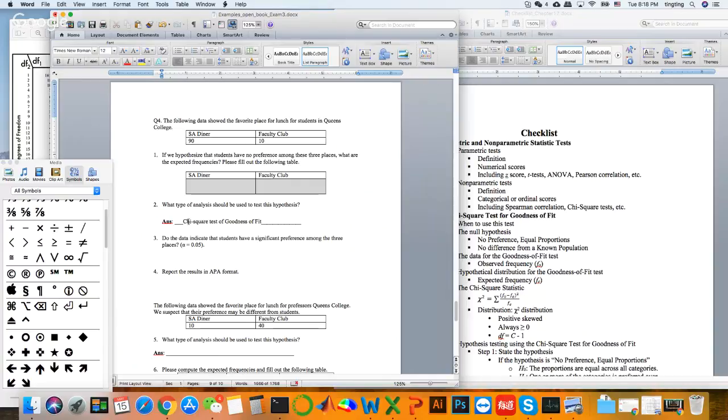You have to write chi-square test of goodness of fit, the full term. So here we talk about the predicted frequency, right? You can find it at pages 563 to 565.